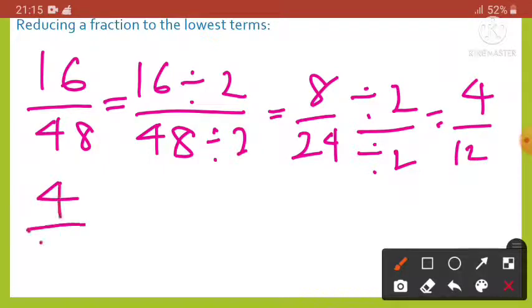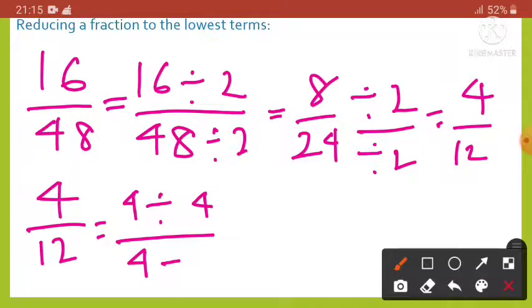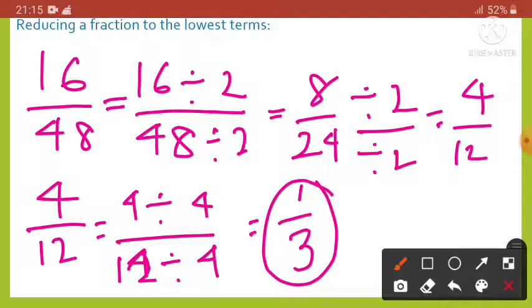Again for 4 by 12 we are using 4. So if we divide numerator and denominator both by 4, we are having the fraction 1 by 3. So it is the lowest term. Okay, so 16 by 48 is reduced to the lowest terms, that is 1 by 3.